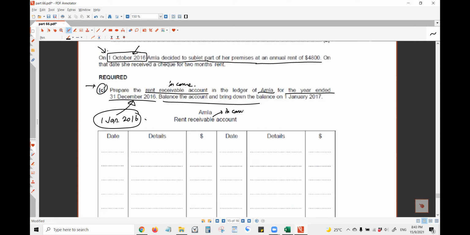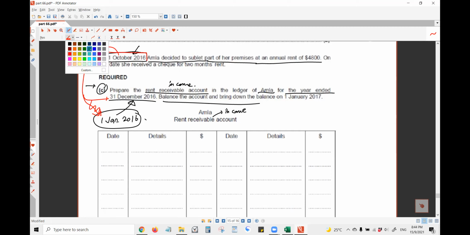So how much should Amla receive from the first day of renting out until the year end? The year end is December 31st, right? October, November, December.